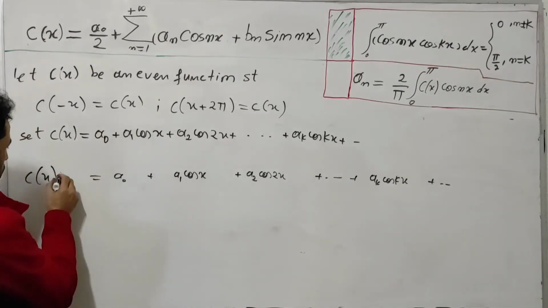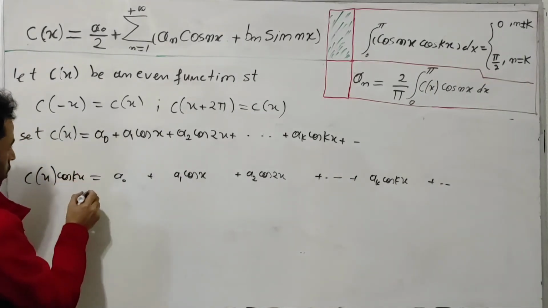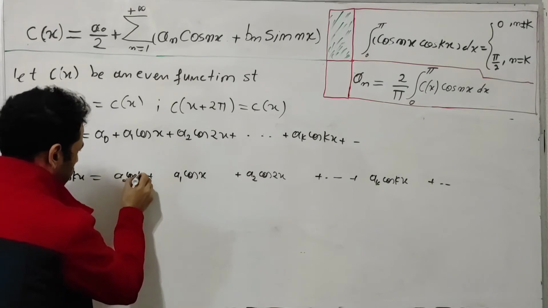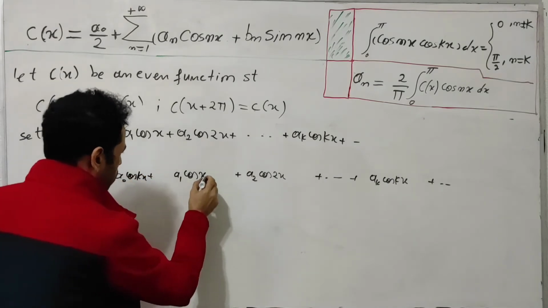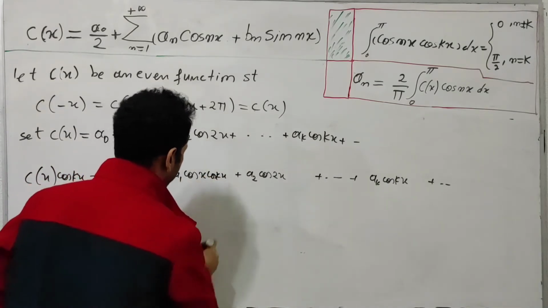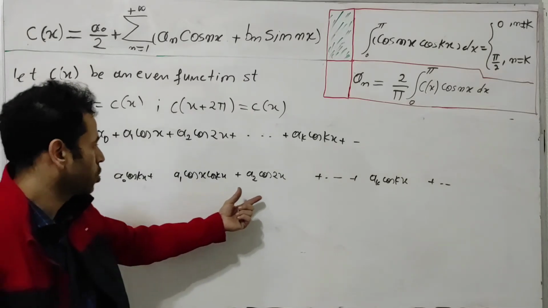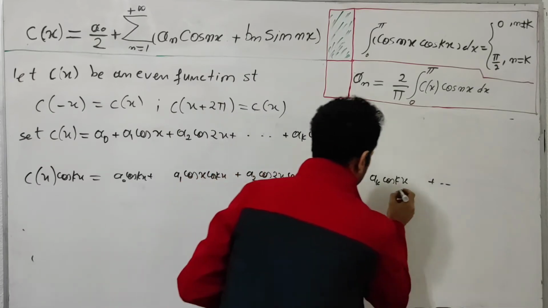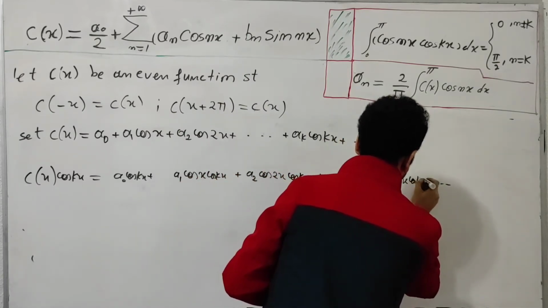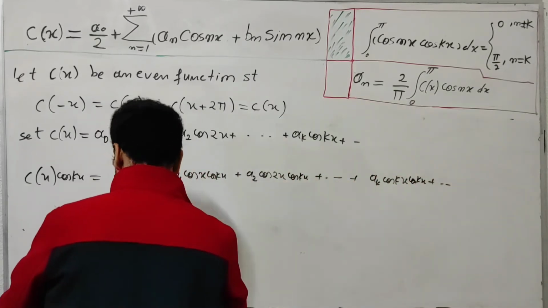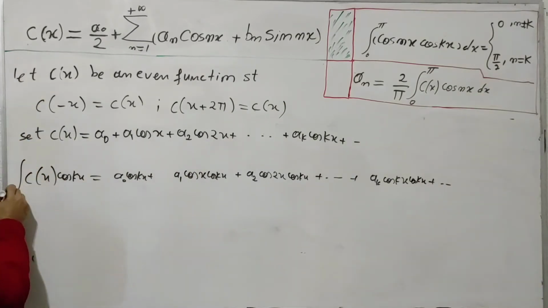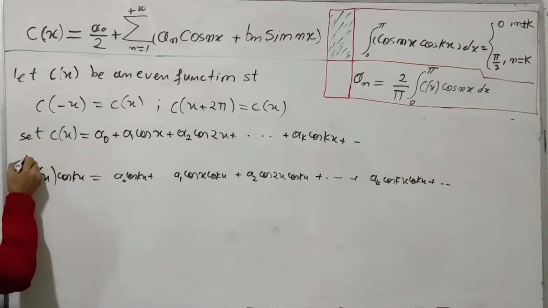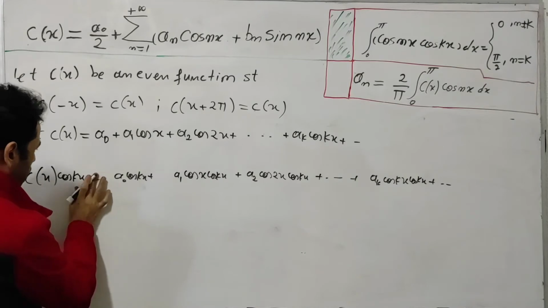I will have cosine kx on the left side and cosine x times cosine kx at each term, and the last one cosine kx times cosine kx. At the same time I'm going to integrate this as x goes from 0 to pi, dx.